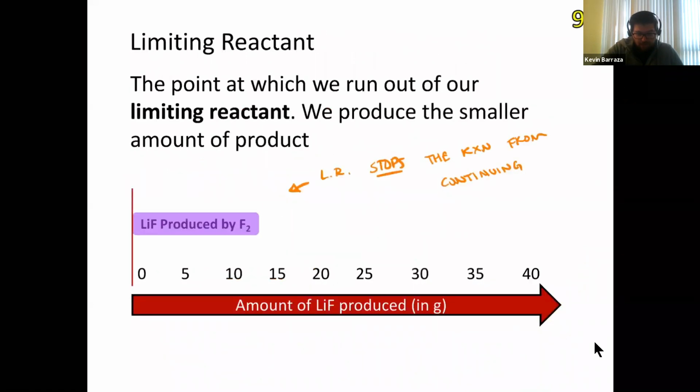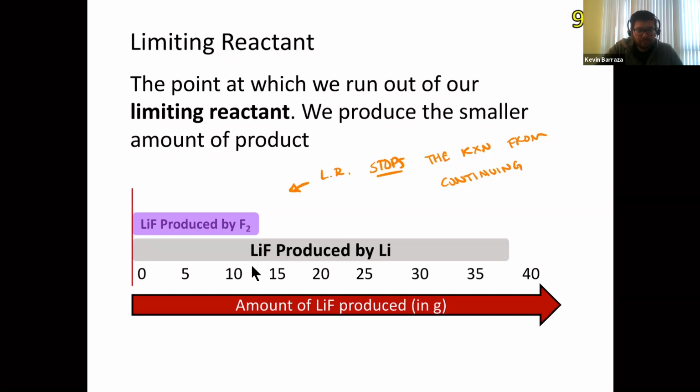And I think I have a visual here where we look at it like a number line, where the amount of product lithium fluoride is being produced by each, and there's a cutoff on the number line. Once I reach this point, my bar for one of my reactants has disappeared. In order to make product, I need both of my reactants contributing, because the recipe has 2 ingredients.